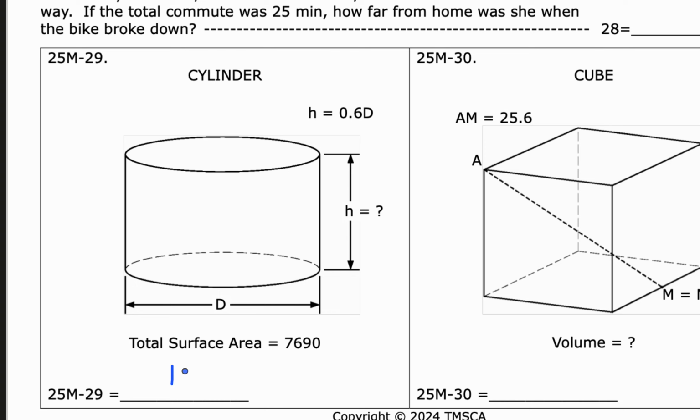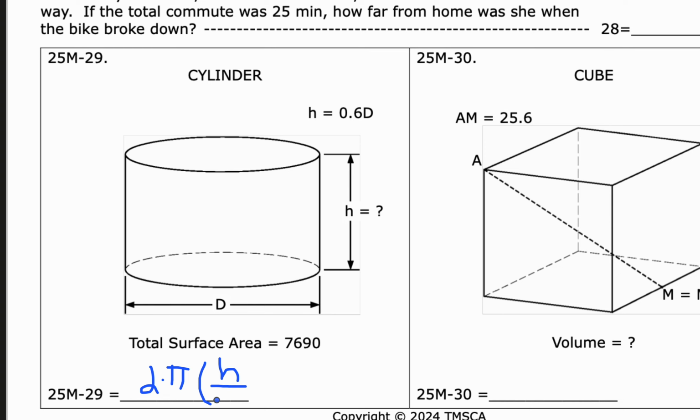So it's going to be pi, and there's 2 circles, so there's going to be a 2, and then the radius here, well, that's going to be the diameter cut in half, but the diameter itself is going to be the height divided by 0.6.